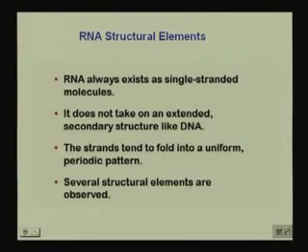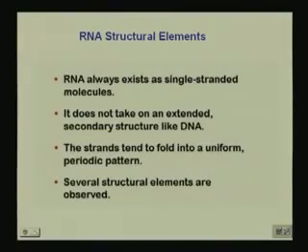Now, considering that the DNA structural aspects we always have as a double helix, in RNA it exists as single stranded molecules. These single stranded molecules usually do not take on an extended secondary structure like DNA in the form of a double helix.